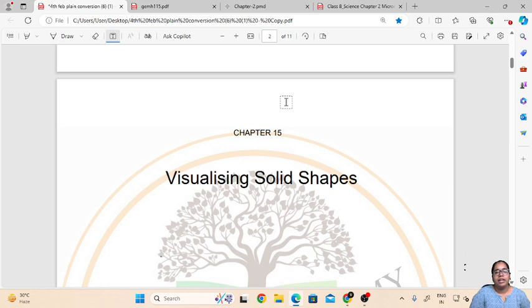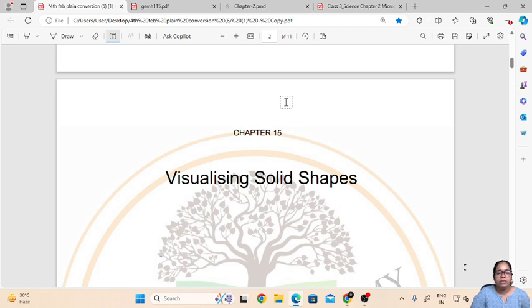Then we have studied about the different components which make up the solid shape, that is the faces, edges and the vertices. And we have also studied how to count the number of faces, number of edges and number of vertices in any shape. So these were all the things which we covered in our last class, that is in part 1 of this video.